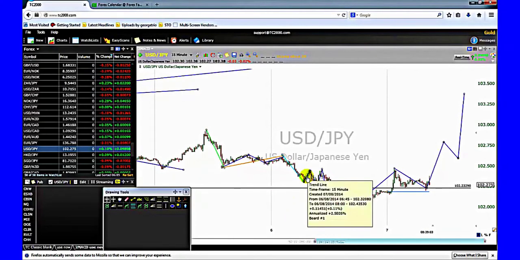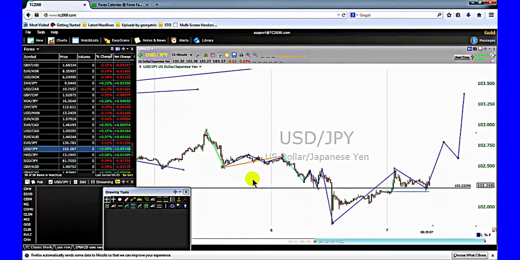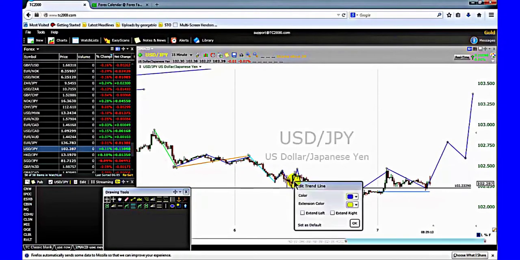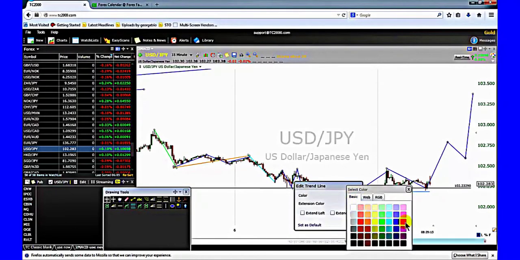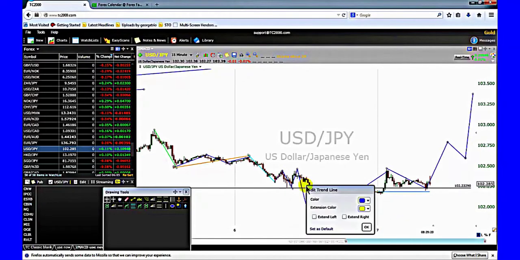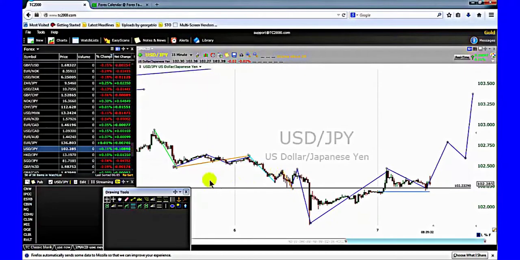And the fourth price action, let's color it pink. And the fifth price action, we'll use orange again. So 1, 2, 3, 4, 5.